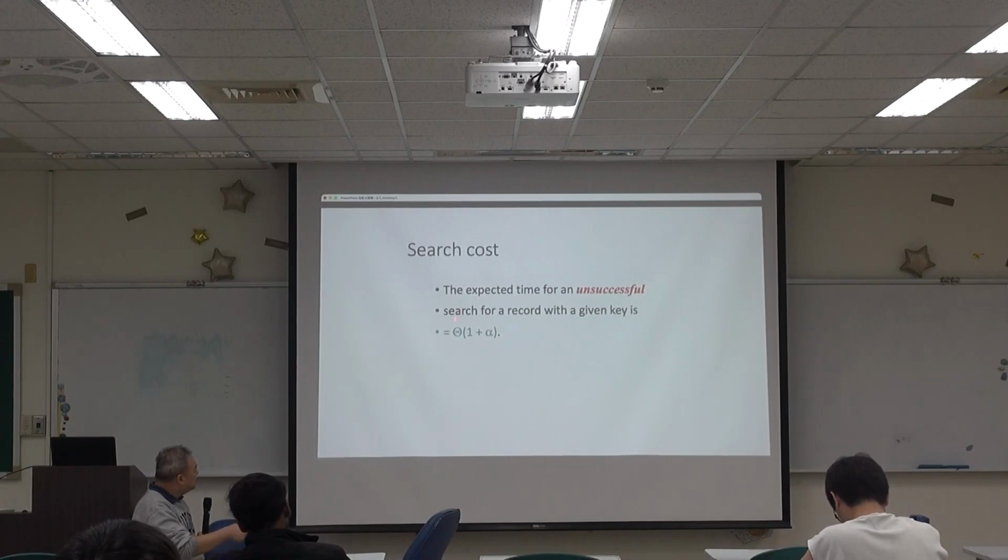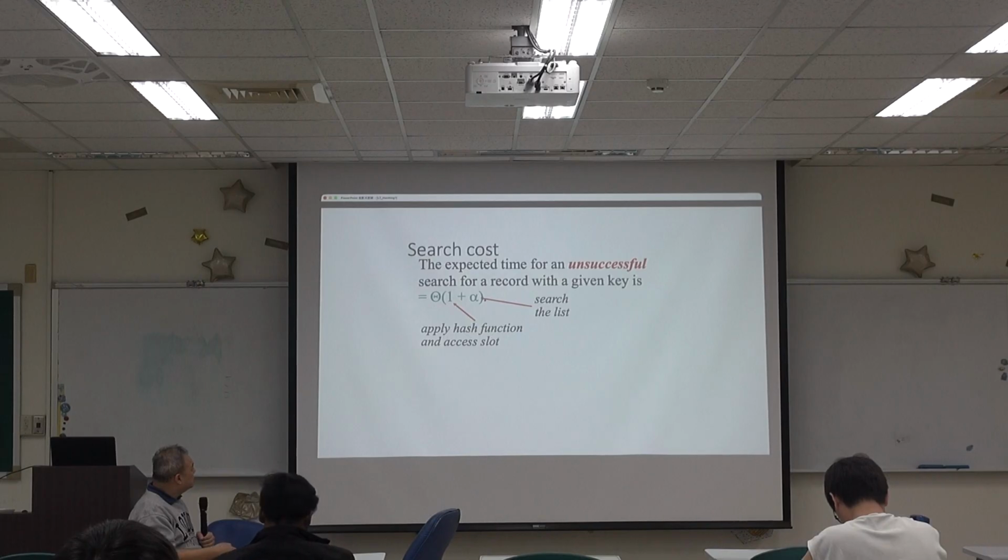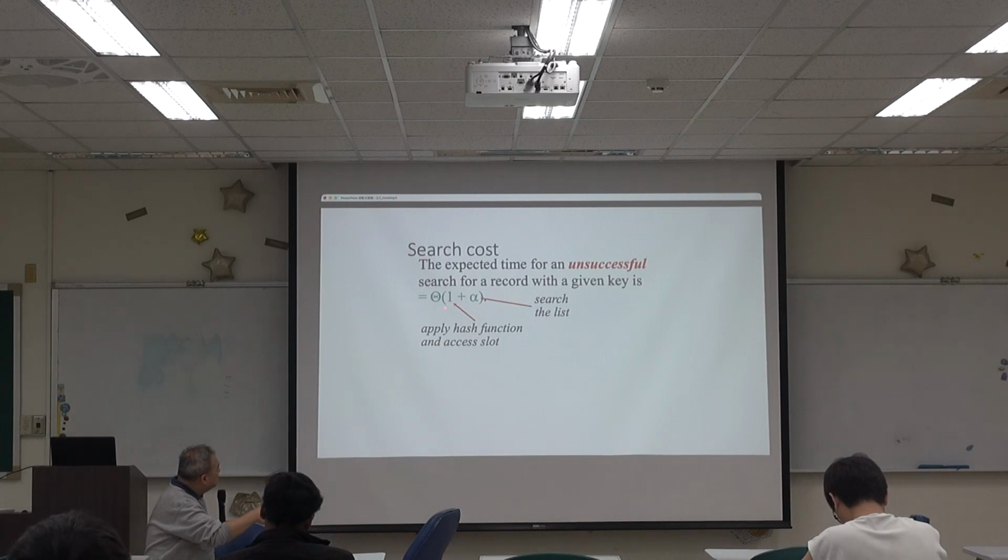First, you need to calculate the hash function. Computing the hash function takes constant time. So that's where your 1 comes from. And this alpha is the cost for the search.